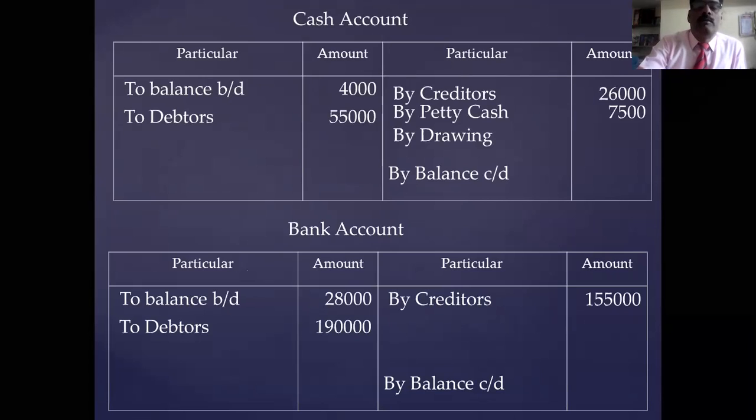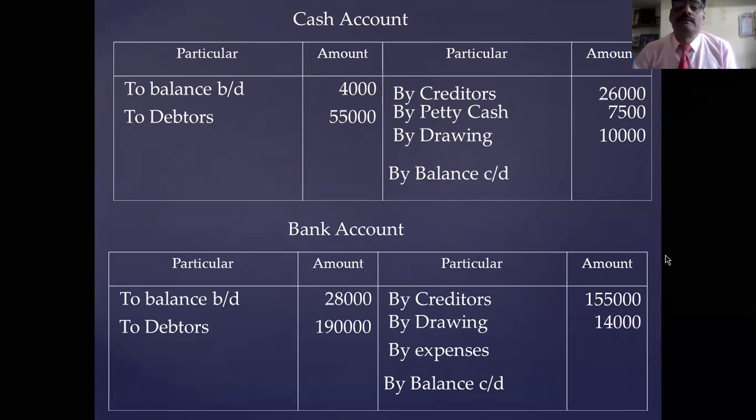This is the bank account. By expense. What is the expense? 35,500. You record it here in the bank account.